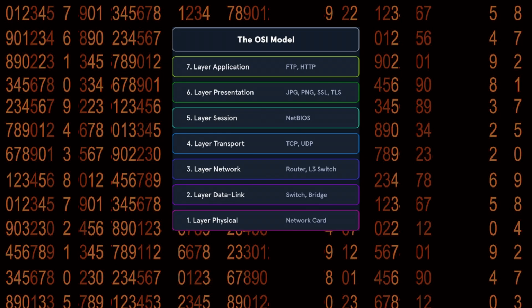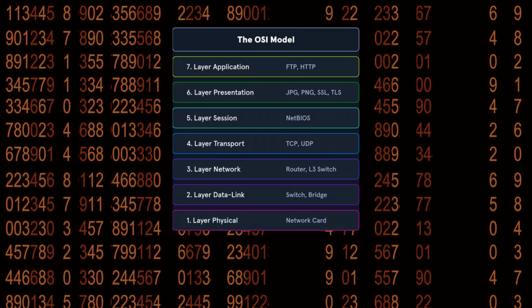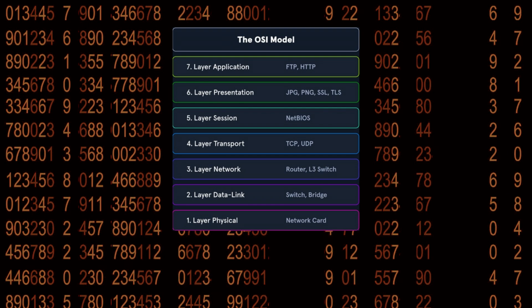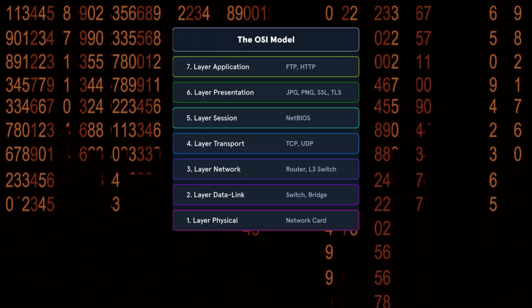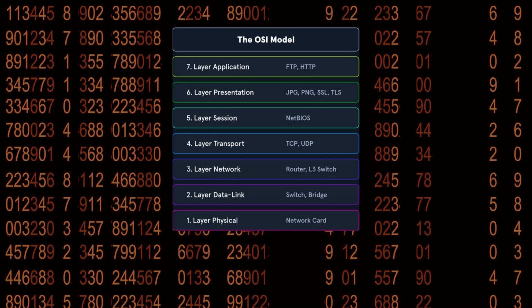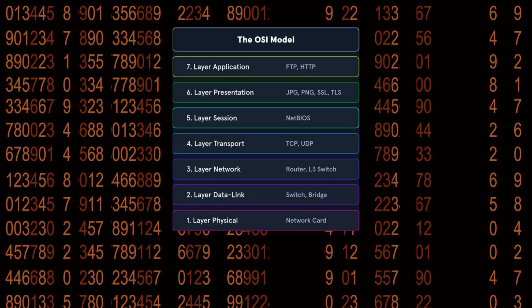You get confirmation it's arrived, and if it gets lost, they'll resend it. But if you use UDP, it's like dropping a postcard in the mail. It's fast, but you're not necessarily guaranteed that you will receive that message. So this layer makes sure your message arrives complete and in order. That's basically what the transport layer, layer 4, does.